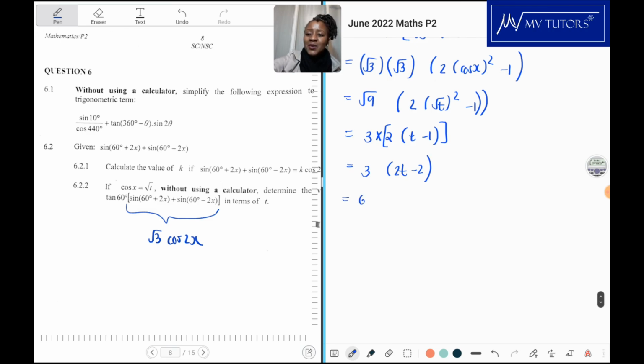BODMAS. So we have 6t minus 6. Yeah, it was going to work out the same. But no. What am I saying? You see now when brackets go wrong.